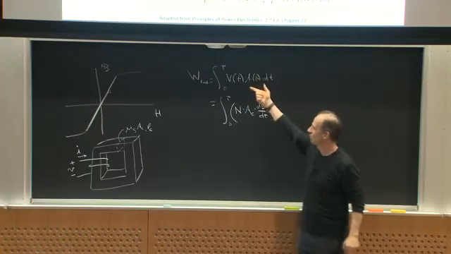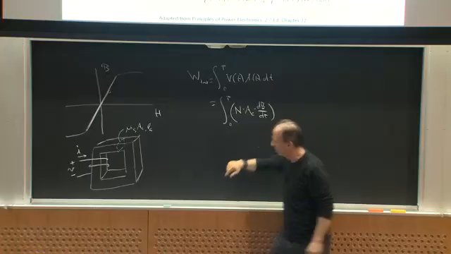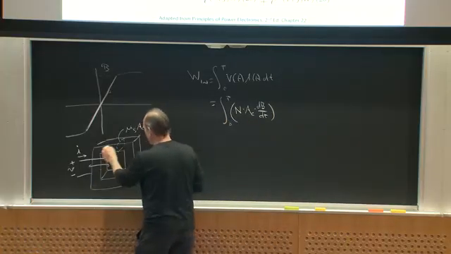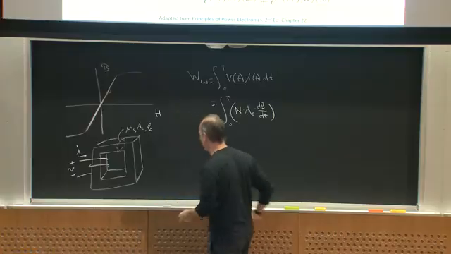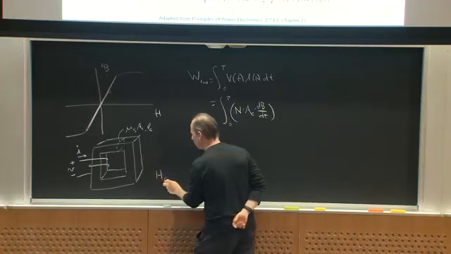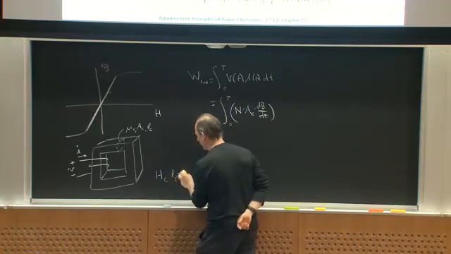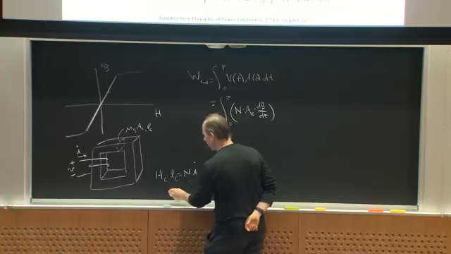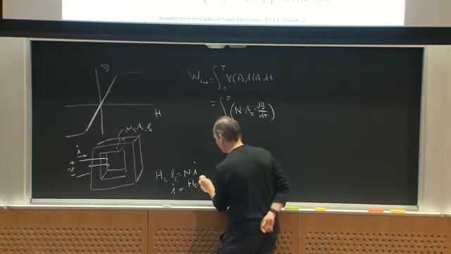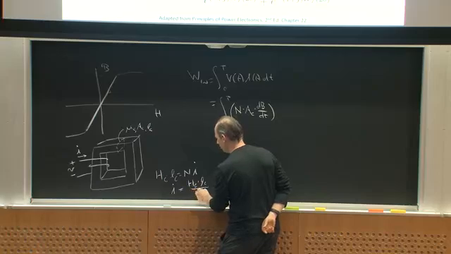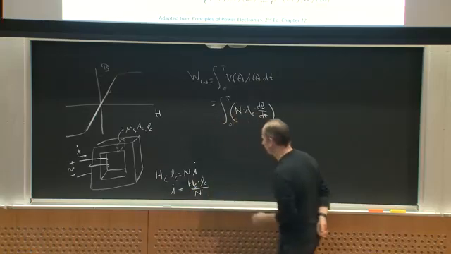Okay? What is the current? Well, keep in mind, if I integrated the H of the core around the length, I should have Ni, right? So what I get is H in the core times the length of the core is equal to Ni, right? So I ought to be able to write I as being equal to HC times LC over N, right?